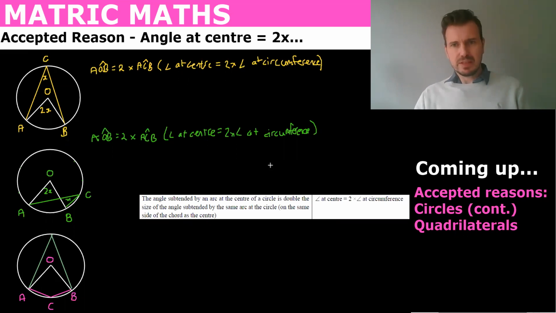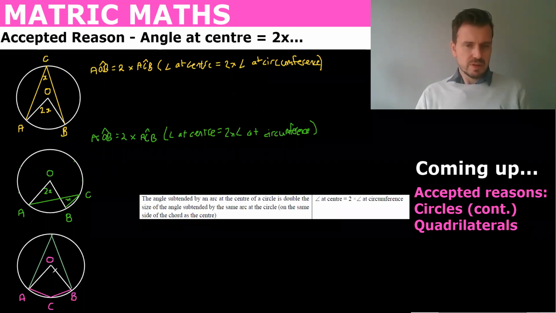Let's say that this is 2x, as we've done before, and we can see that this is 2x here and this is x here. So we know that because of angles in a cyclic quad, this is actually 180 minus x.